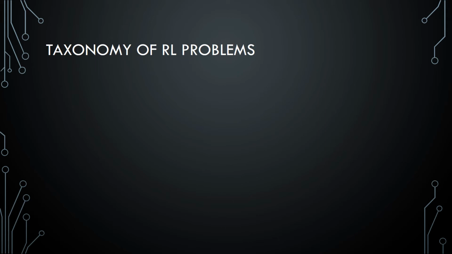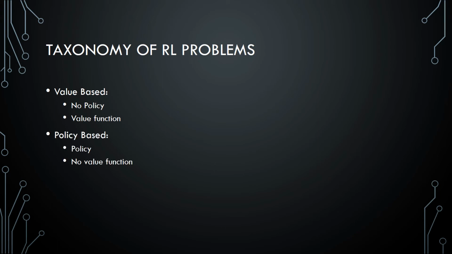So now we can categorize the RL problems. It is categorized by which of the key components the agent contains. Let's say we have a value-based algorithm. If it has a value function, then the policy is kind of implicit. It just has to read out the values and pick the best action.